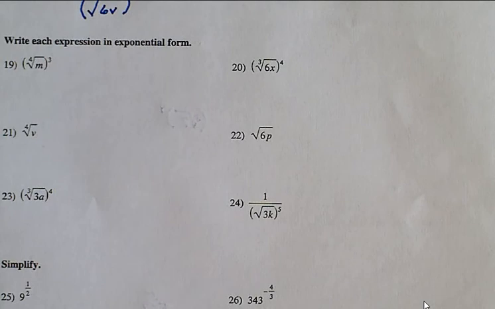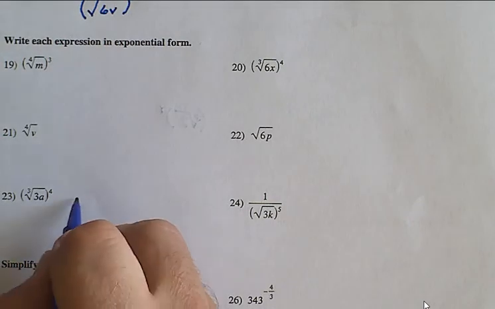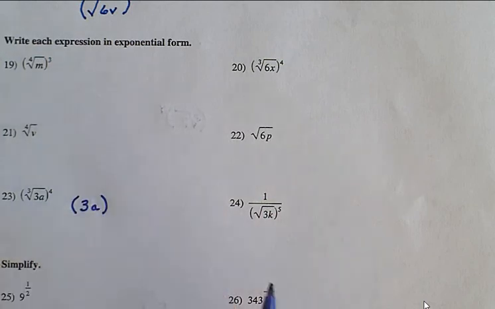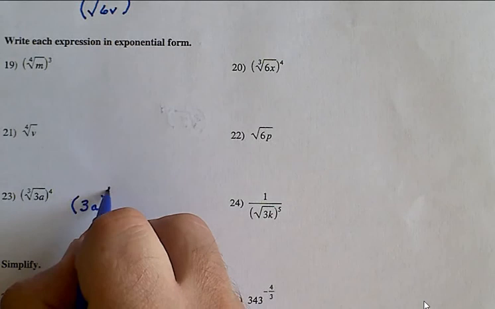Again, remember, index goes on the bottom, the exponent stays on top. I need to keep the parentheses because the whole 3a is being put under that radical. So I'm going to write parenthesis 3a parenthesis raised to the 4/3 power.